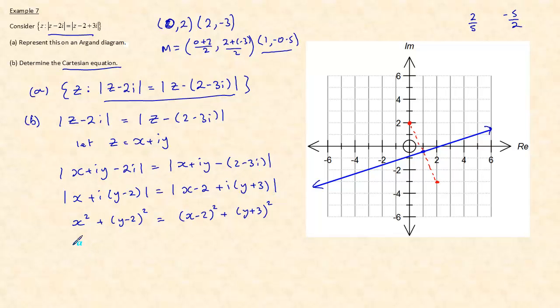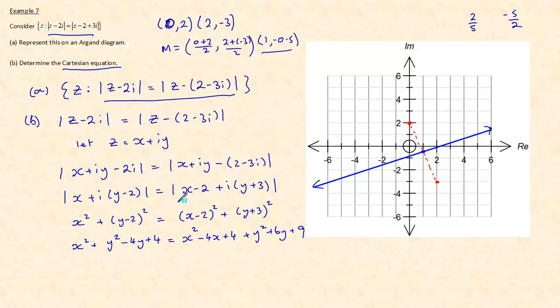And expanding out, so we've squared both sides basically, I've removed the square root, and then expanding out we get x squared plus y squared minus 4y plus 4 is x squared minus 4x plus 4 plus y squared plus 6y plus 9.